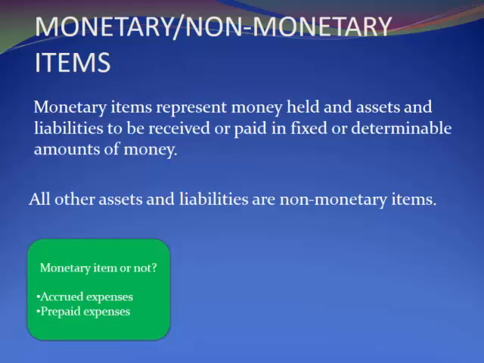Accrued expenses? No. Prepaid expenses? Prepaid expenses will not be a monetary item. It will be a non-monetary item, because although it's cash that has been paid, it's already paid, and what you can receive for that in future will be either goods or services and not a monetary item.